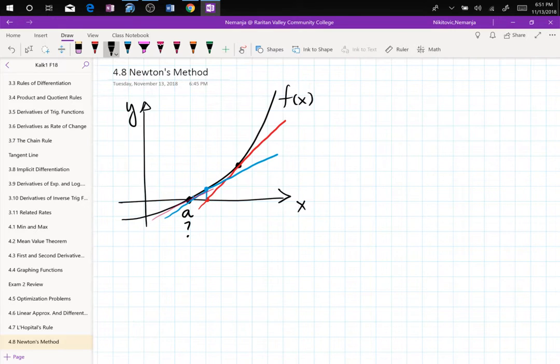So what is the formula for this? Well, let's write this as a procedure.